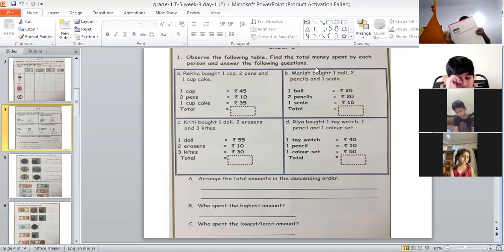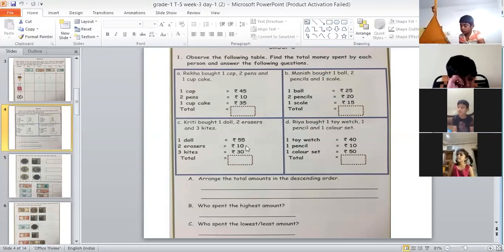So the question is, children listen carefully. Observe the following table and find the total money spent by each person and answer the following questions. So there are a few persons here. Now we have to find the total amount spent by them.